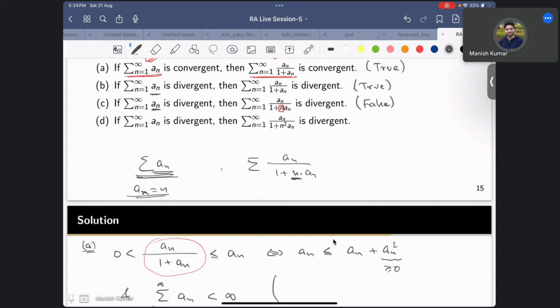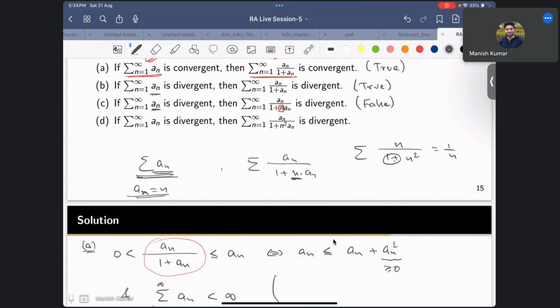But when you put a_n equal to n here, let's see what happens. You'll get n upon 1 plus n square. If you forget about this 1, it is 1 by n. This is again divergent. So we are not done yet. We'll try to do a bit of change here.